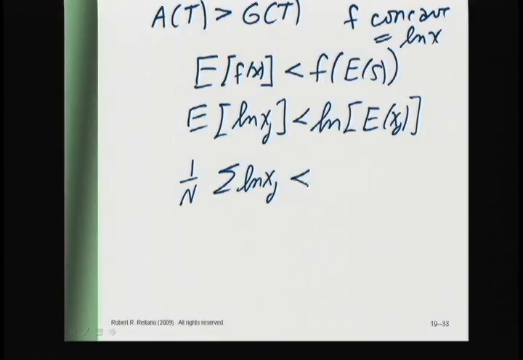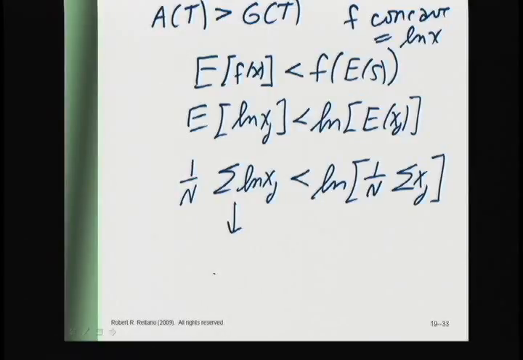And that's smaller than the log of the average. If I just exponentiate both sides, this becomes the geometric and this becomes the arithmetic. So the fact that the arithmetic exceeds the geometric is a byproduct of Jensen's inequality.